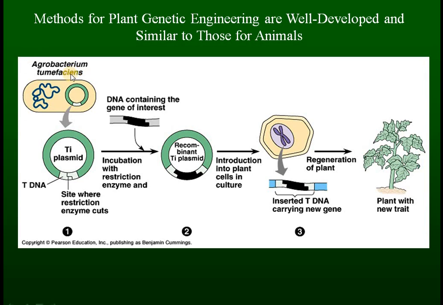This is the bacterium which causes disease in the plant. It causes a disease called crown gall disease. This is important for NIPER. So remember this, Agrobacterium tumefaciens will cause crown gall disease.